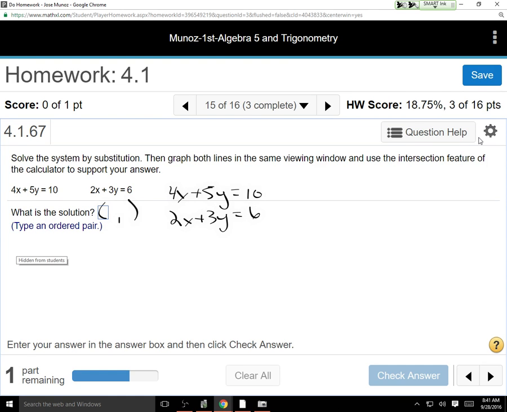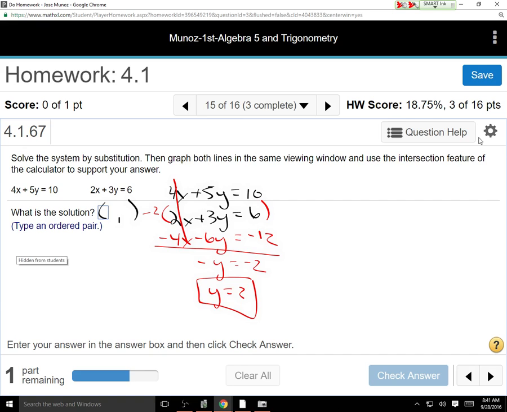So I'm going to get this 2 to be the opposite of that. I'm going to multiply it by negative 2, because that'll give me negative 4x minus 6y equals negative 12. The beauty now, they cancel out. That's going to give me negative y equals negative 2. So y equals 2.